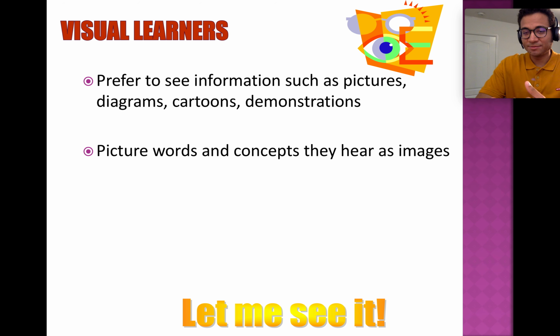They picture words and concepts they hear as images. So if you're sitting in sociology class and you're learning about the prison pipeline system or something, then maybe you're visualizing that pipeline. So if concepts elicit images in your mind, then possibly you're very much visual.